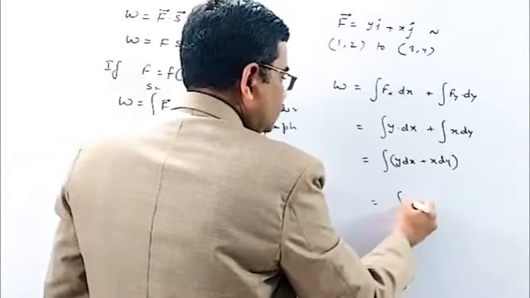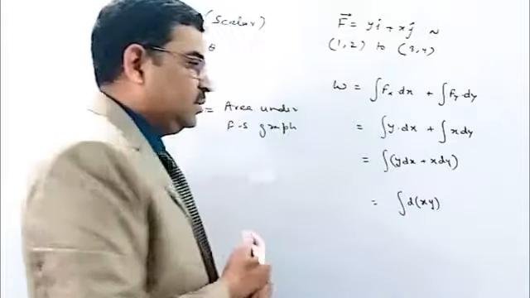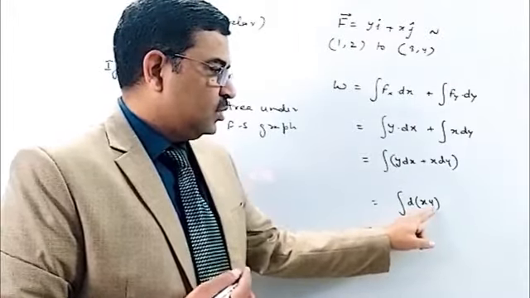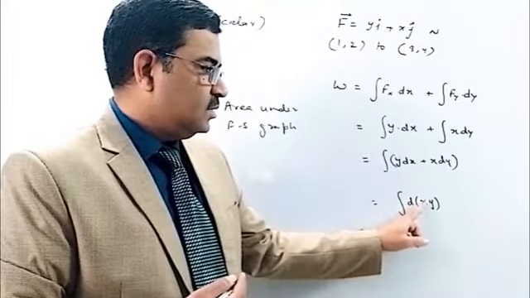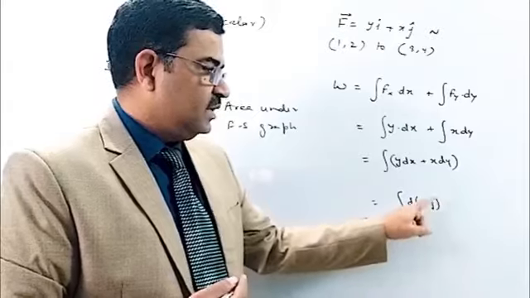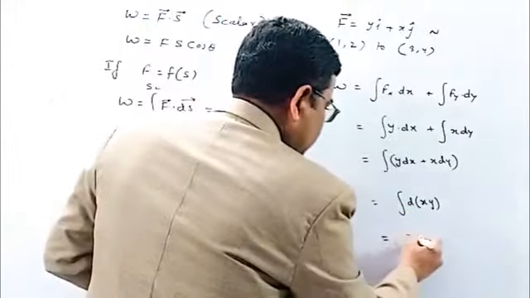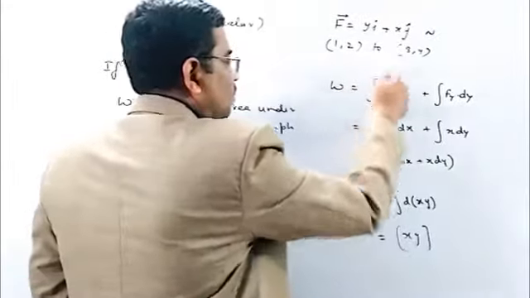It is integration of actually d(xy), क्योंकि जब आप इसको expand करोगे तो product rule से ये वापस इसी में convert हो जाएगा, that is x into dy plus y into dx. अब इसको हम लिख सकते हैं xy and now we can put the limits. It is (1, 2) to (3, 4).